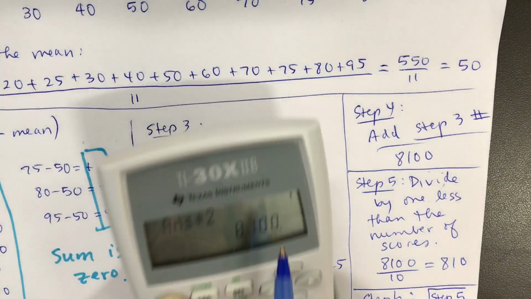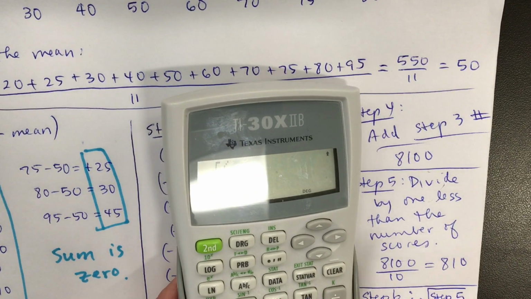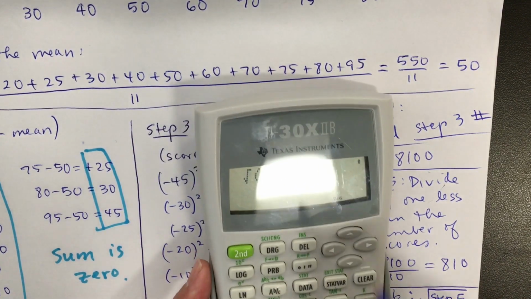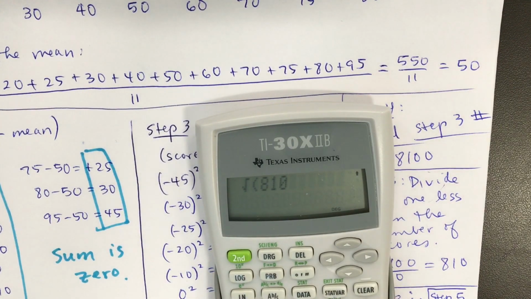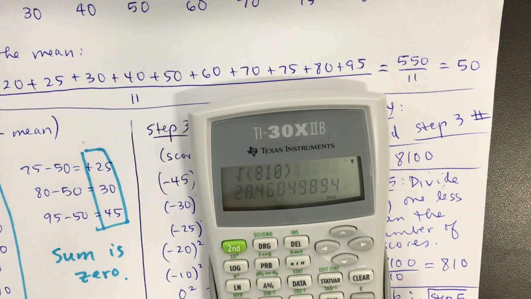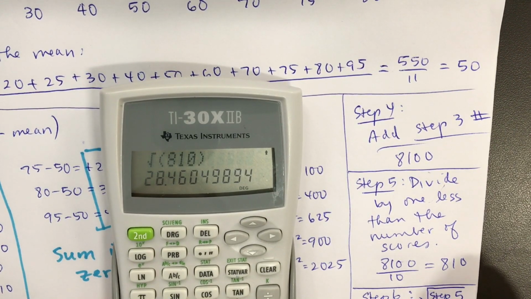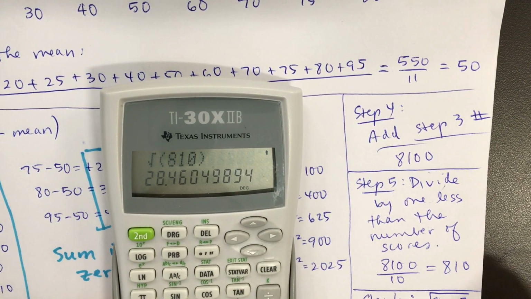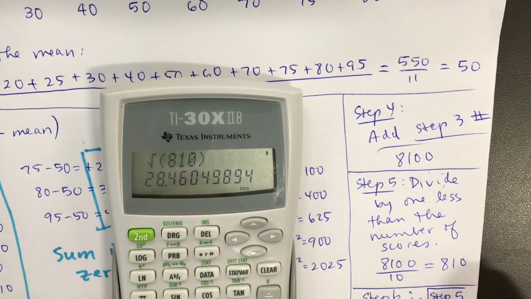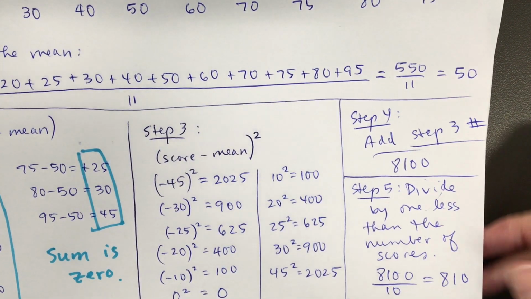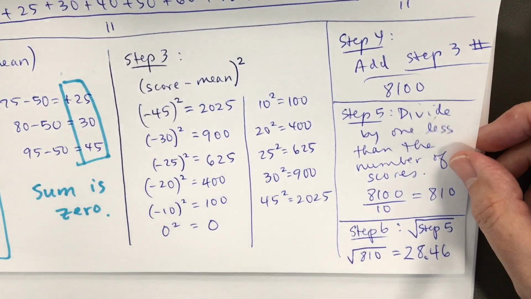In my calculator, second square root 810. Your calculator will open parentheses for you when you press square root. Go ahead and close it where it should be closed. 28.46049894. I'll write 28.46 for the standard deviation.